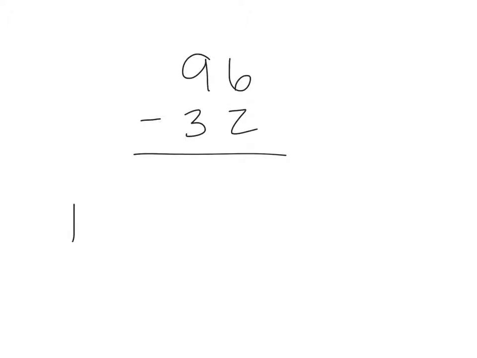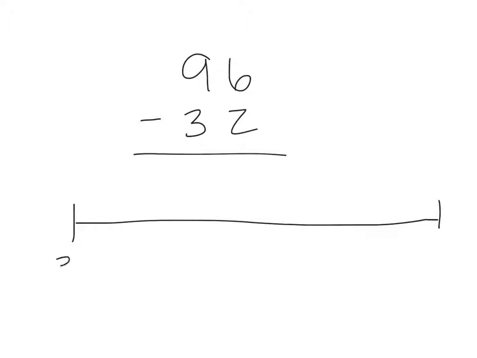Let's say we have the subtraction problem 96 minus 32. What we're going to use is called an open number line because I'm not going to write in all the numbers. An open number line looks like a line with a front and back.